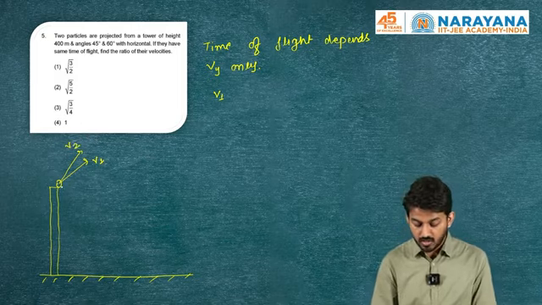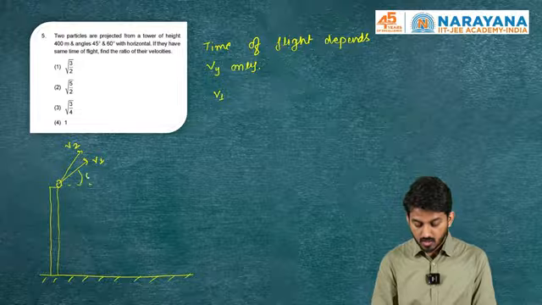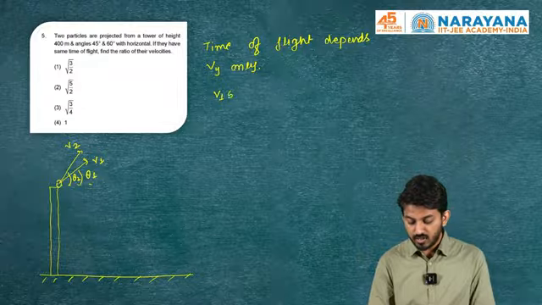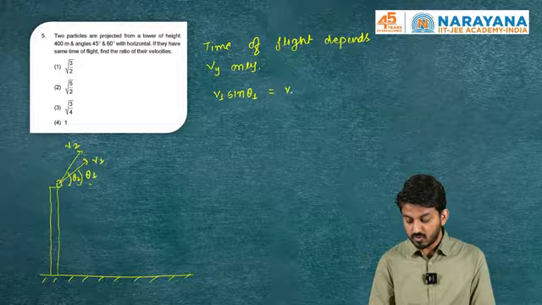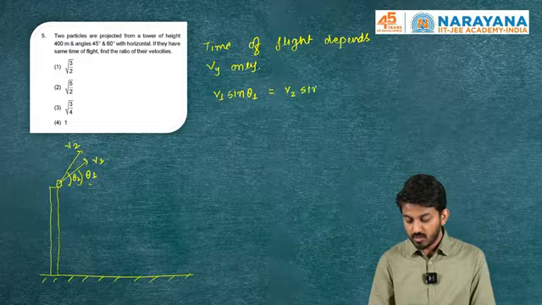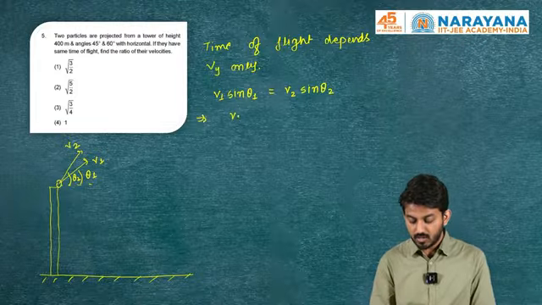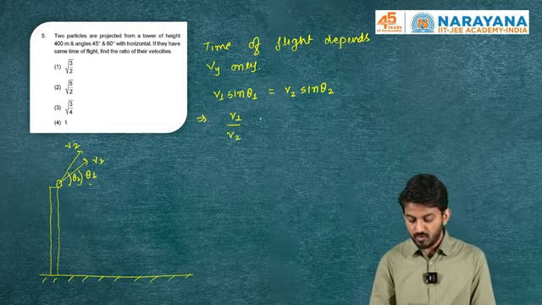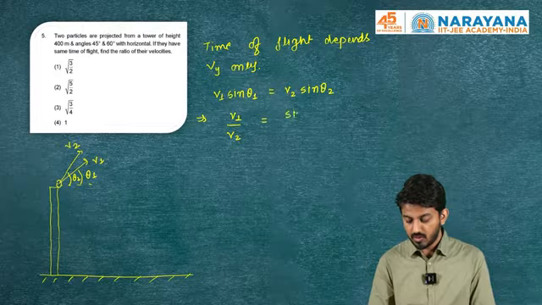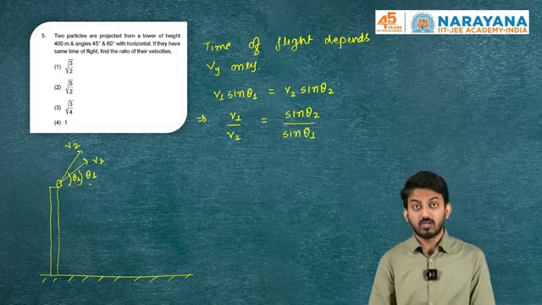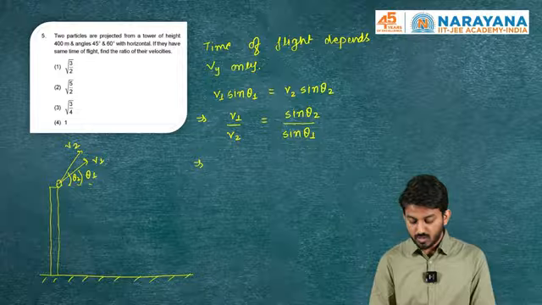Now v1, theta 1, theta 2. So v1 sine theta 1 should be equal to v2 sine theta 2, giving us v1 over v2 is equal to sine theta 2 divided by sine theta 1. Now the values are known to us.